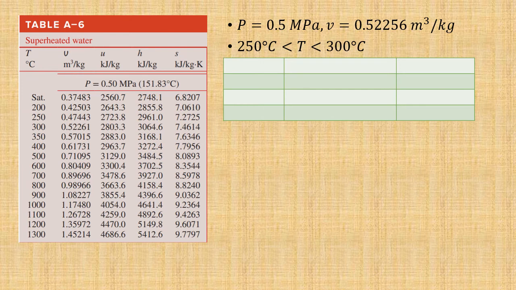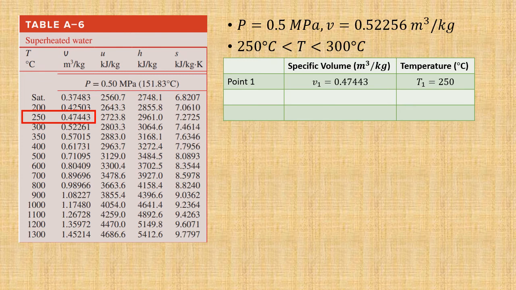We have point 1 with a temperature of 250 degrees Celsius and its corresponding specific volume value. We will denote these as T1 and V1. Next, we have the middle point with the unknown temperature and its specific volume.